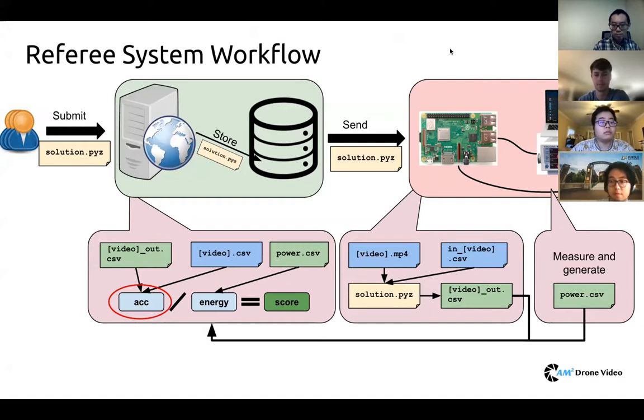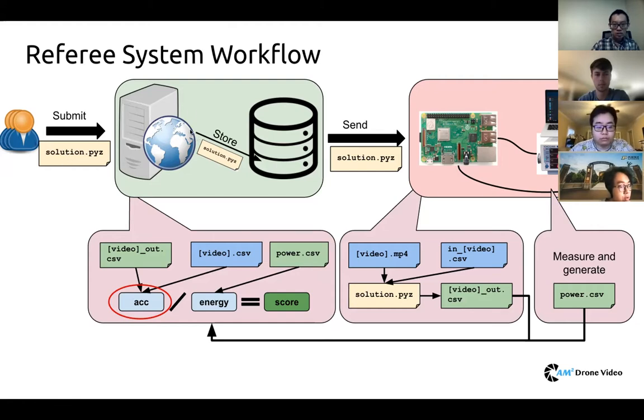Thank you. My name is Zitian, and I'm the co-leader of the drone video team. As you can see on the screen, this image describes how our referee system works. Contestants should submit their solution as a .pyz file through our website, lpcv.ai, to our server.